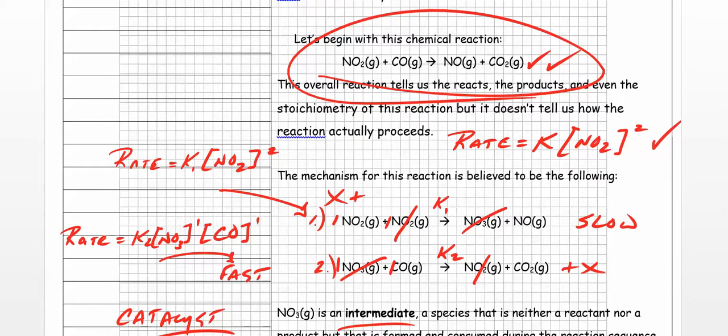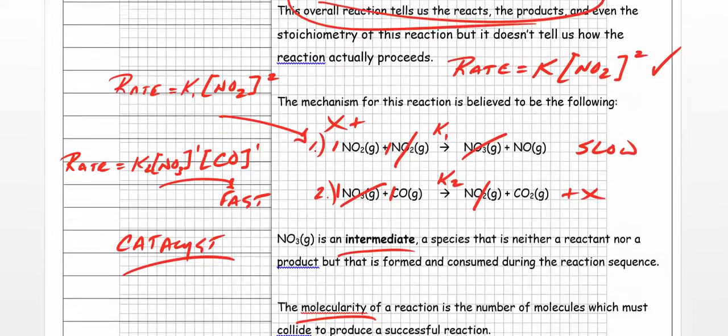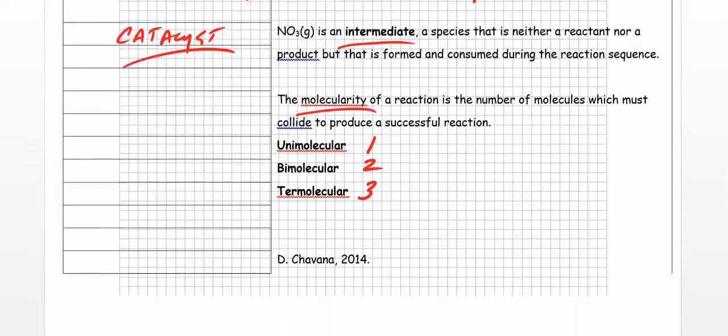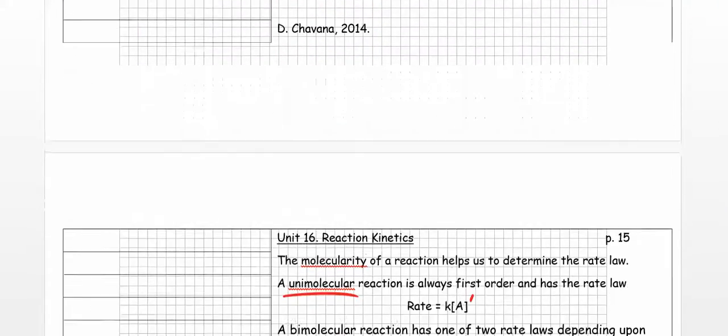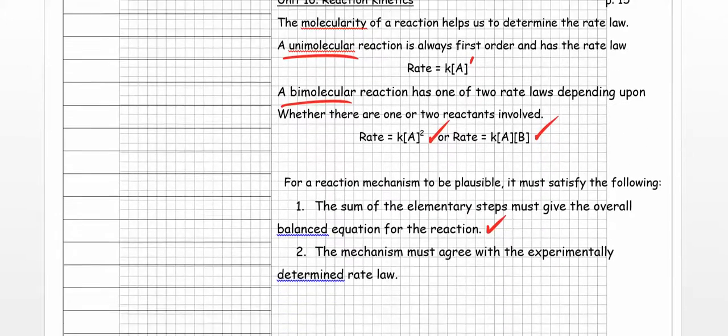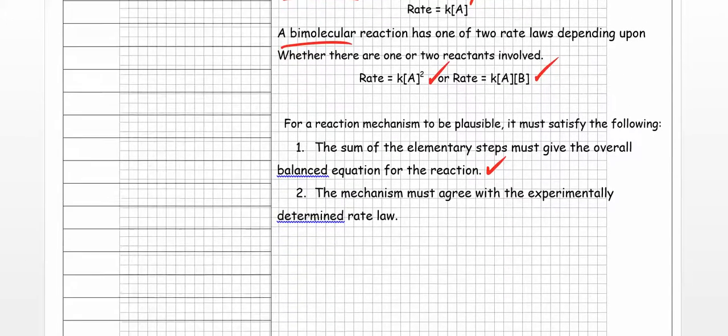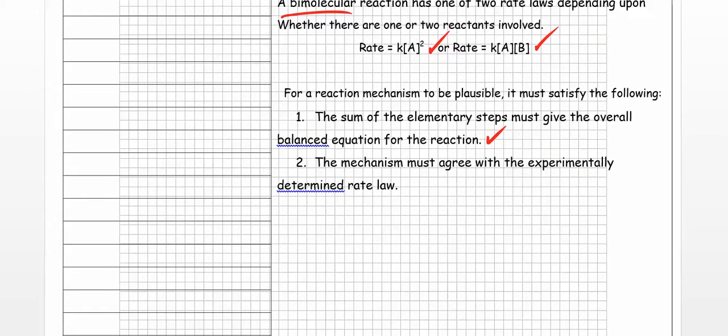On the right-hand side, we've got an NO gas, just like that. And we've got CO2 gas. Well, it looks like it passes muster on that first requirement. In other words, the sum of the reactions in the individual steps of the mechanism equal the overall balanced equation for the reaction.